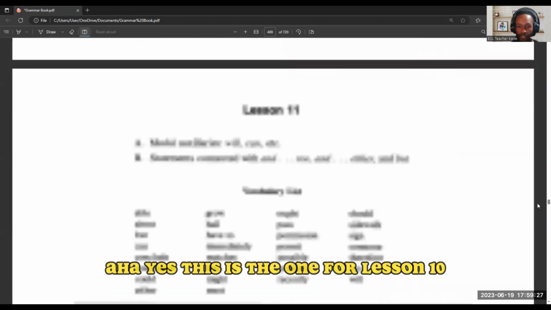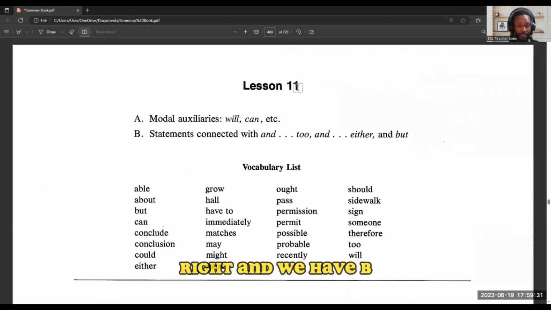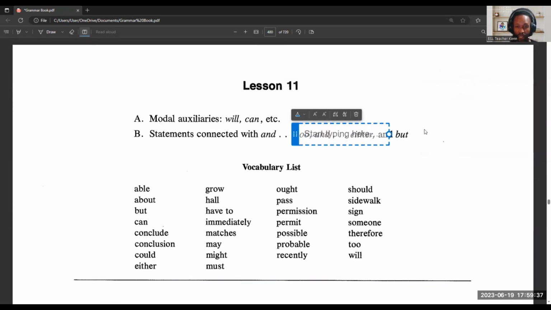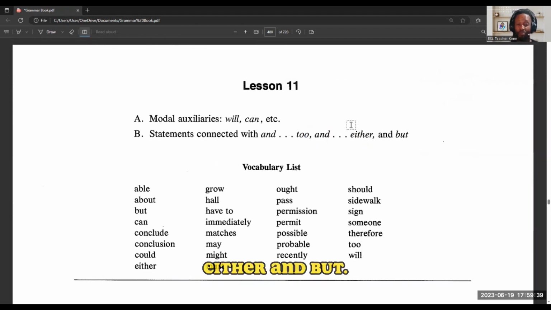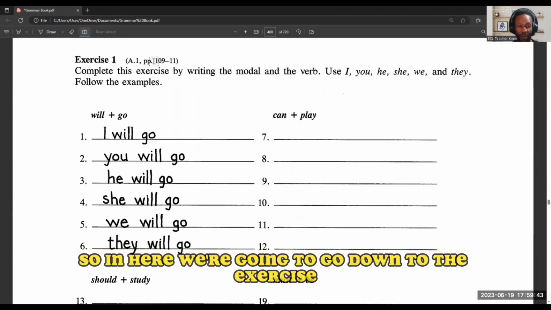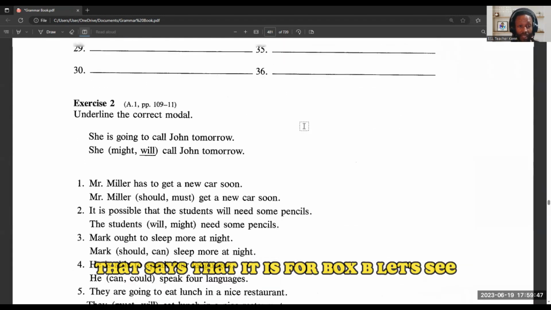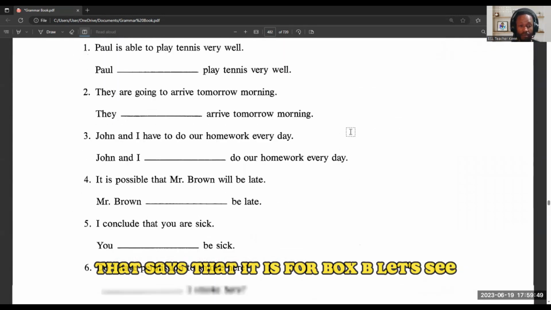Yes, this is the one for lesson 10. Here we have lesson 11, right? And we have B that has too, either, and but. So in here, we're going to go down to the exercise that says that it is for box B.